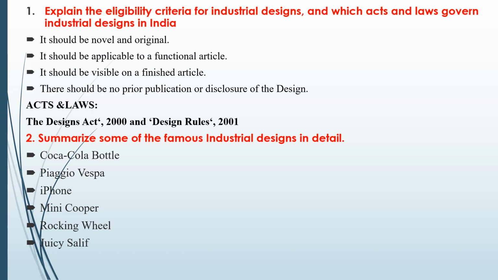It should not be infringed anywhere. Creative thoughts. It has to be applicable to a functional article. There are some laws and criteria that have to be met to register the industrial design. Also, you have to show a visible article in hand, a product, and there should be no prior publication or disclosure of this design.